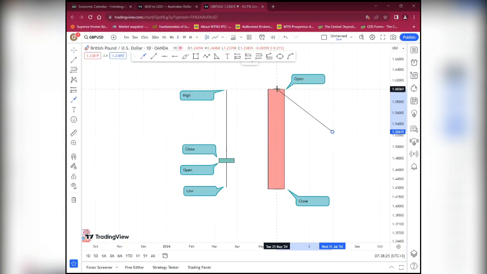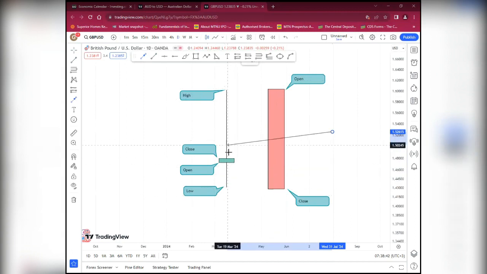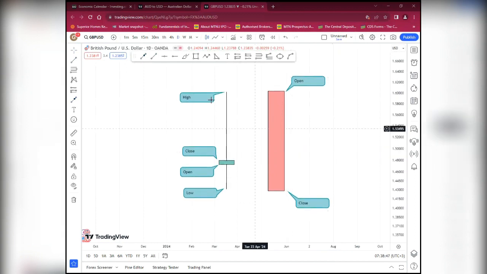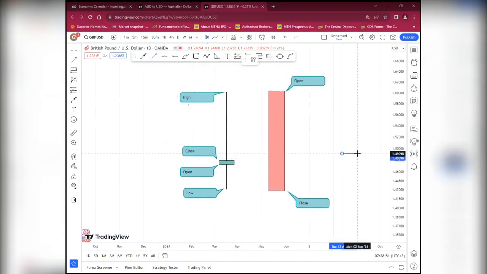We didn't have any buying pressure, and that's why from the opening prices to the closing prices, the sellers were unchallenged. So we don't have a high, we don't have a low, we don't have these wicks. We only have the body of the candle.